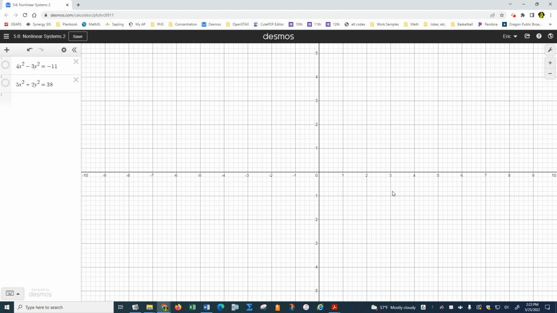Any ideas? It's kind of weird because it's got x squareds and y squareds in it, right? What's it going to be? No, it's not a quadratic function. It's good, but it's a non-function, I'll tell you that. It's not a function. It violates the vertical line test.